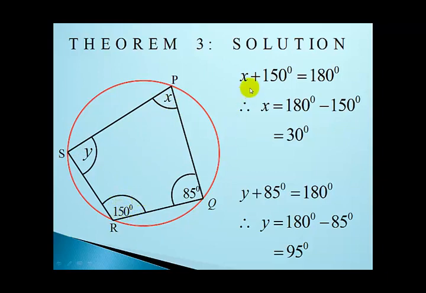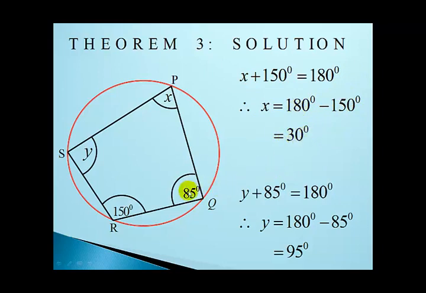So if X plus 150 degrees is equal to 180 degrees and we are solving for X, it means that we are grouping all the angles on the right hand side. So plus 150 degrees on the left hand side becomes minus 150 degrees on the right hand side. And X is equal to 180 degrees minus 150 degrees. Now when we subtract 150 degrees from 180 degrees, the answer is 30 degrees.